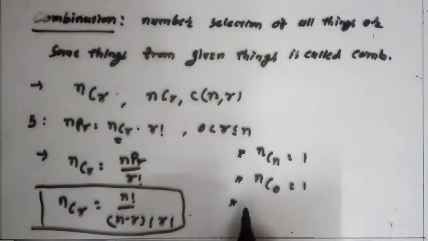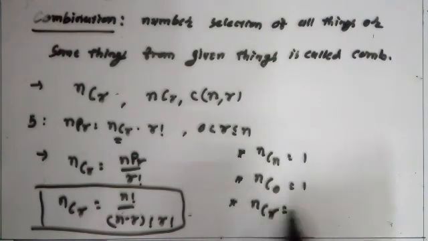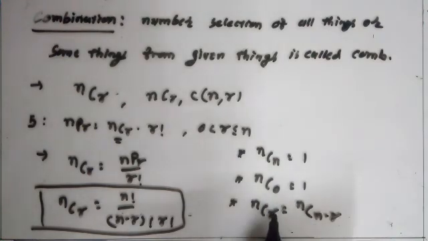Same, nCr is equal to nC(n minus r). That is, the selection of r objects out of n objects and the selection of n minus r objects out of n objects become the same. Clear?